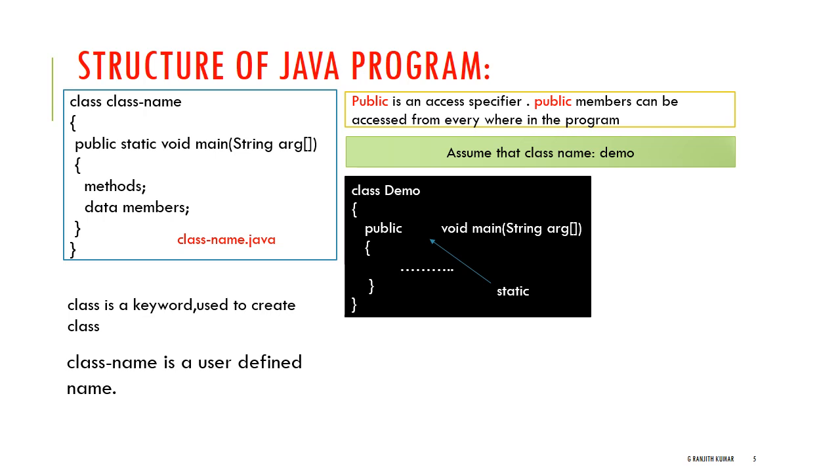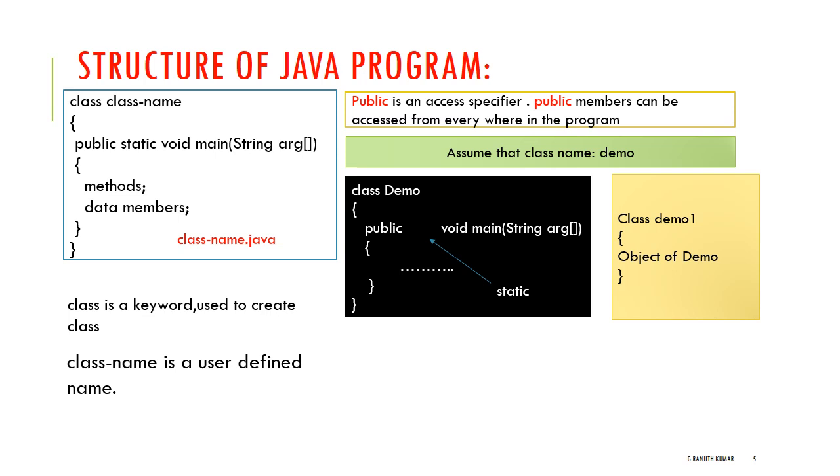Even if you want to call that method as an instance method, we need an object, and that object must be created in another class. Assume a demo1 class, where the demo class object has been created, and using this object we can call the main method as object name dot main. In order to call that, first the demo1 class should be executed, from where we get the object name, and by using that object the main method is called.